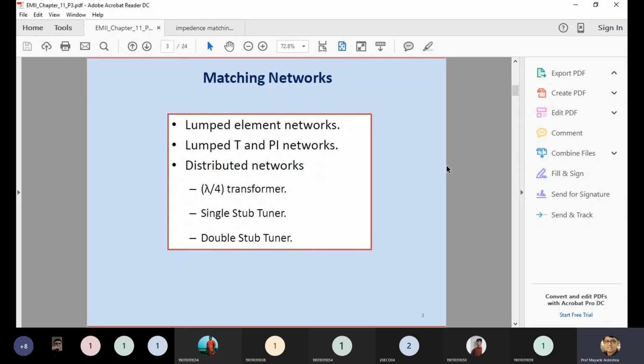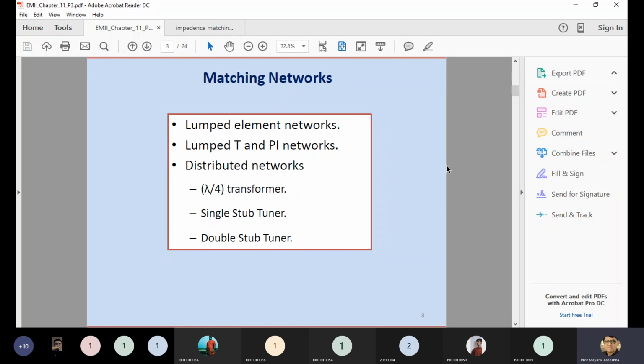You can utilize lumped elements for the network, but lumped elements only work at lower frequency, like when you are working with a frequency of only 1 megahertz. Then you can add elements which are the RLC components, which are nothing but lumped elements.